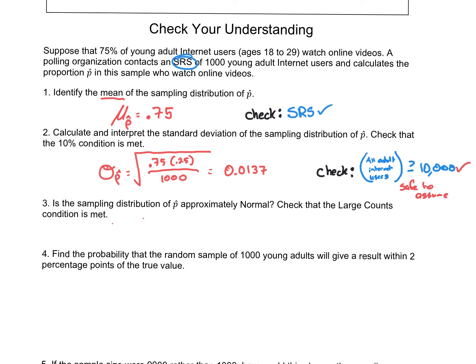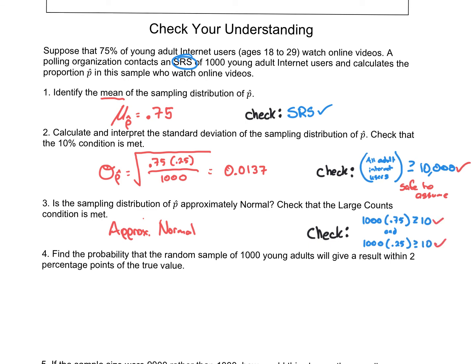Okay, let's do the next one. I believe that the shape should be approximately normal, but we have to check the large counts, or the large sample size. So here we go. We're going to take the sample size, 1,000, times the proportion of the population, and make sure it's greater than or equal to 10, and we'll take 1,000 times 1 minus the proportion and make sure it's greater than or equal to 10.